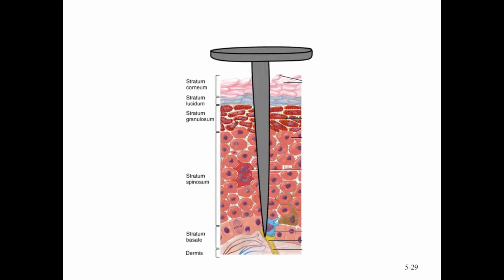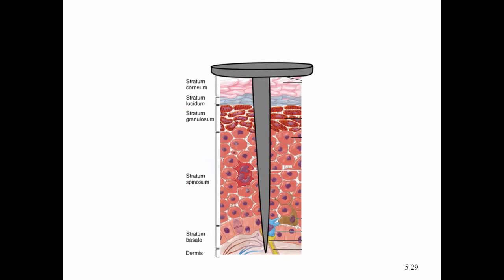Now, let's suppose we're walking along and we don't see this nail and we happen to step on it. Ow, that looks painful. So again, let's shove that nail through the epidermis down into the papillary layer of the dermis.